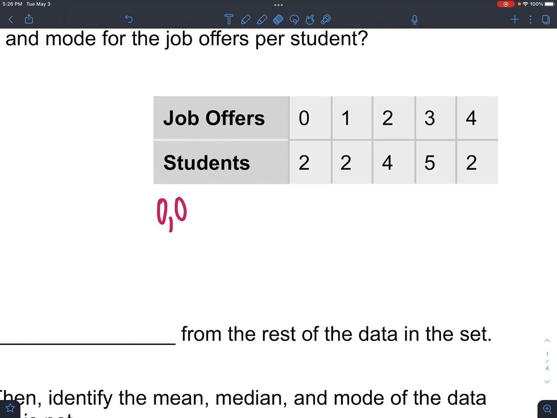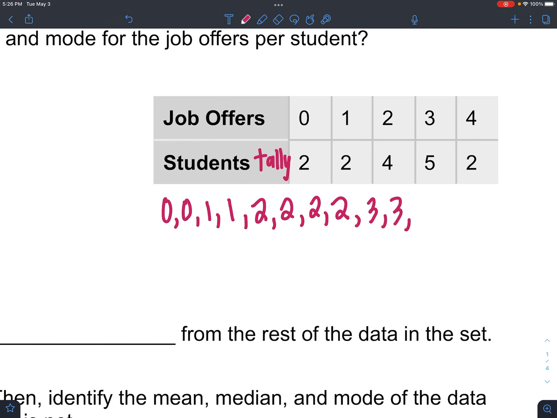So the way you do that is you find out what is tallied. So the tally goes here with students. Every tally gets a number. So there's going to be 2 tallies for 0, 2 tallies for 1, 4 sets of 2s, 5 3s like this, and 4 2s.